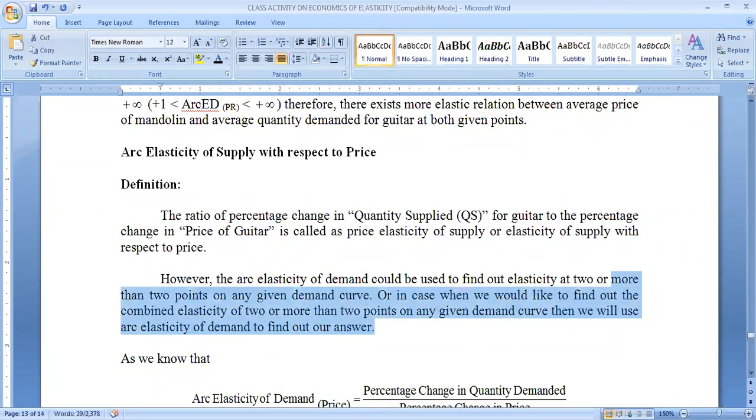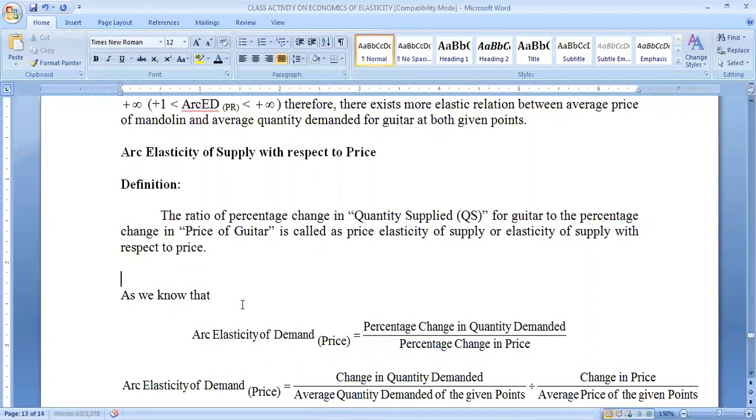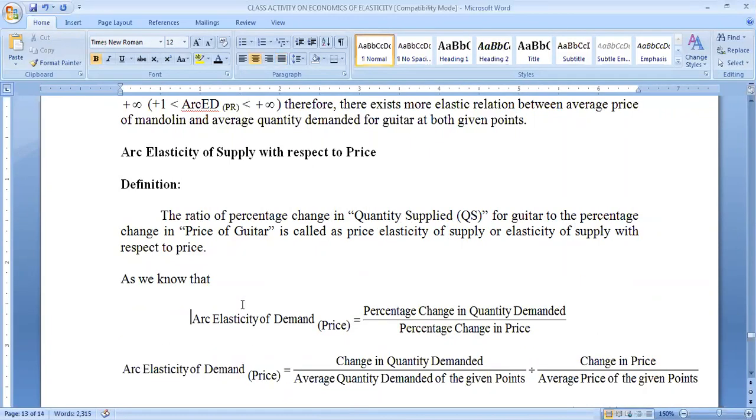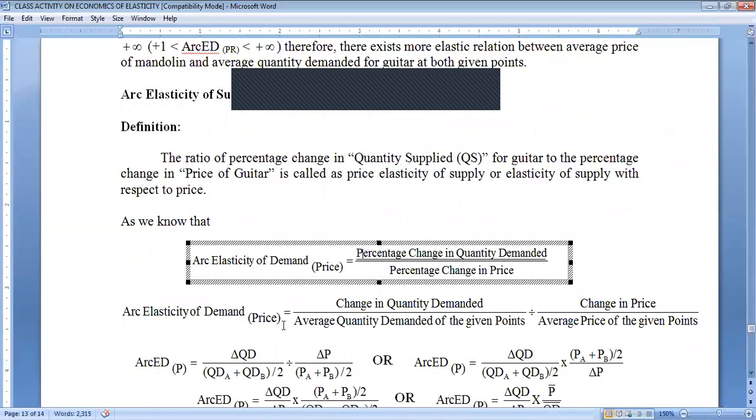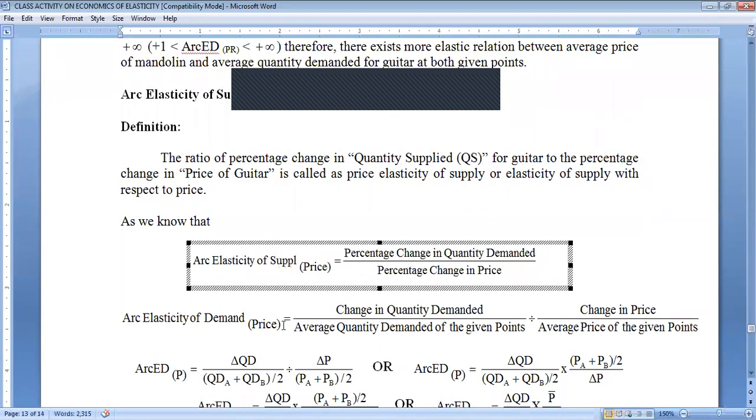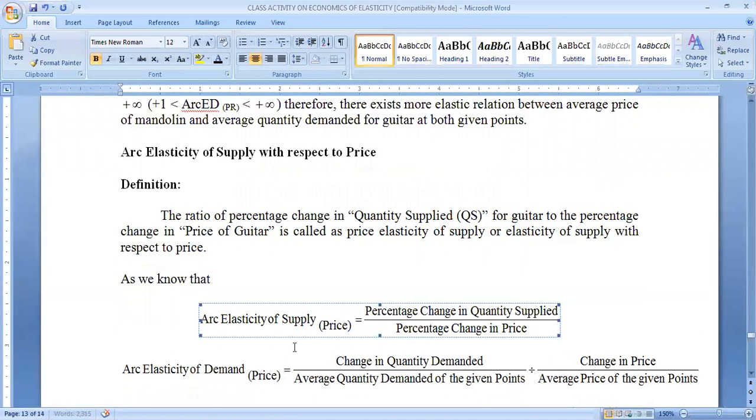We should avoid repetition since we have already talked about the arc elasticity. So arc elasticity of demand should be replaced with supply. Arc elasticity of supply with respect to price equals percentage change in quantity supplied divided by percentage change in price, right?